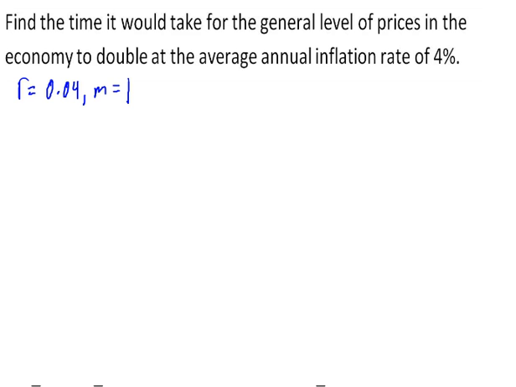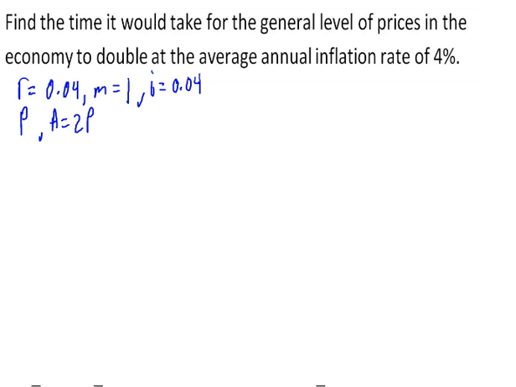So R and I are the same thing because it is an annual interest rate. Now let P be the general level of prices, and we're trying to find when it doubles, so we'll let A equal 2 times P. You're going to see it doesn't actually matter what the actual price level is; the amount of time it takes to double will be the same no matter what P is.